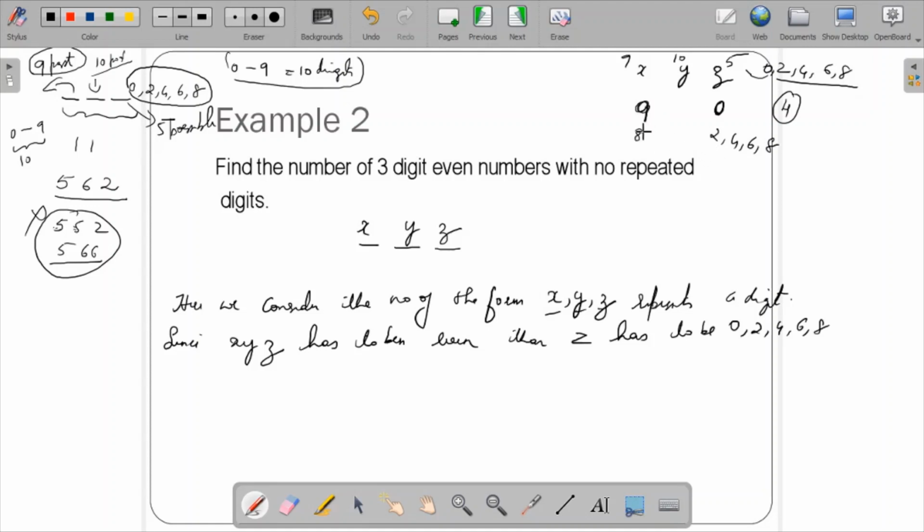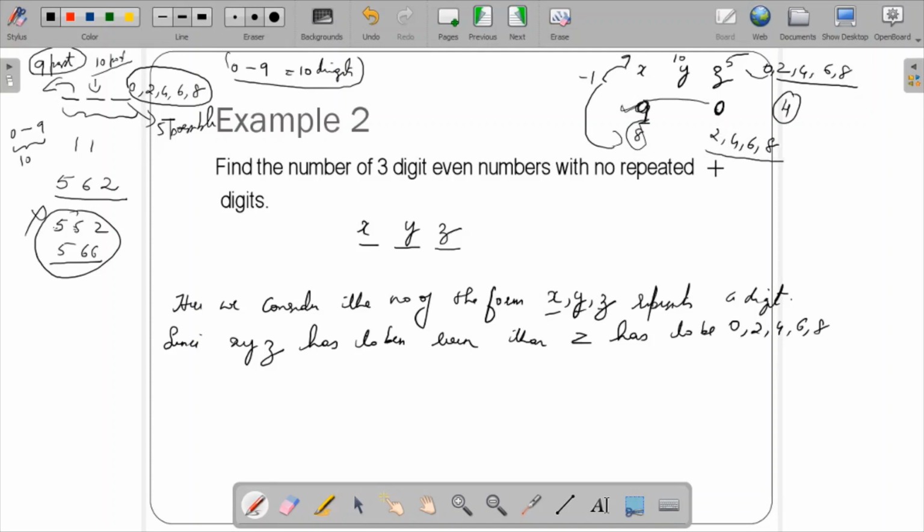Why X has 8 choices? If it is ending with this, here it should not be 0, and like if it is 2, 4, 6, one is already occupied over here. So see here, when ending with 0, there were 9 possibilities. So from this 9 minus 1, 9 possibility was there. Now this is already been done. So 9 minus 1, or left out, is 8 ways when this condition is there.